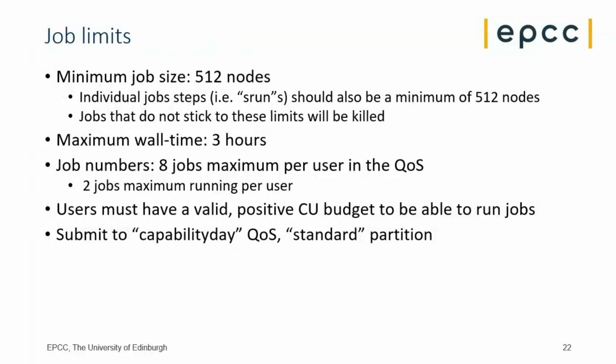We have no way of enforcing the fact that you use less than that in a given job step or S-run, so we're relying on people to be sensible here, and we expect all job steps to use the full allocation. If we detect evidence of backsliding on that, we will reserve the right to remove such jobs.